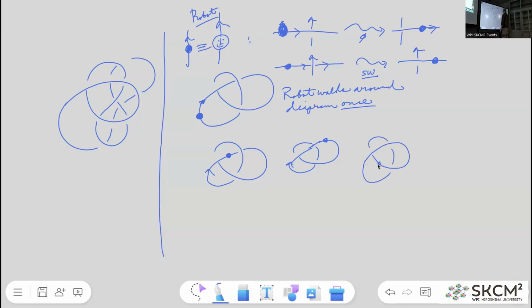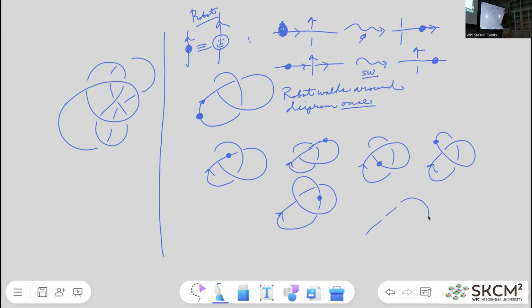He ends up here. Next time under, so he has to go over. Next time over again. Here, now he's here. And the last time over. Two unders.